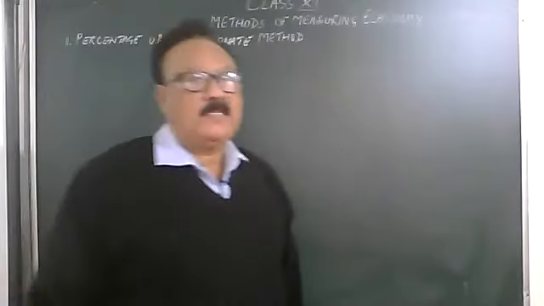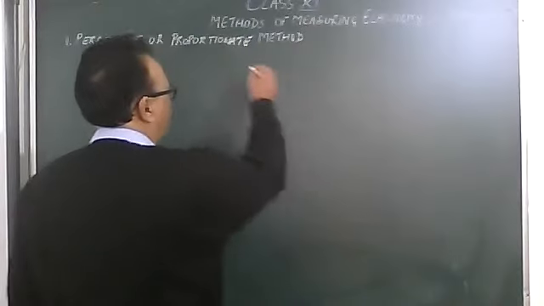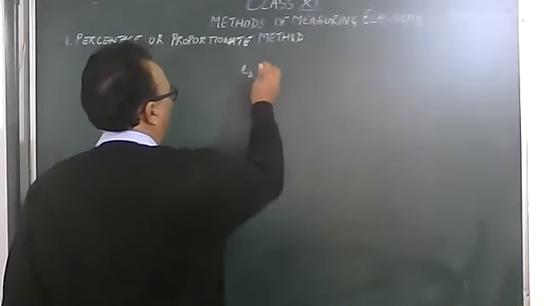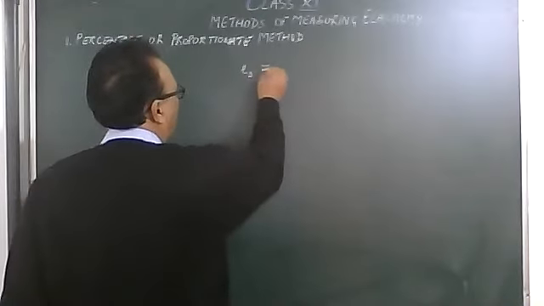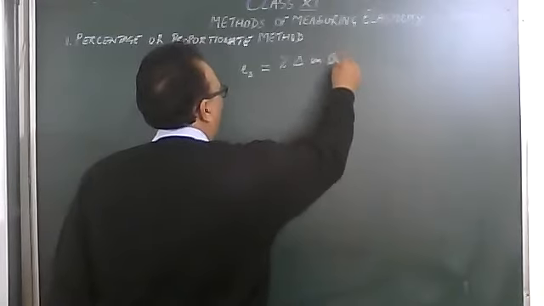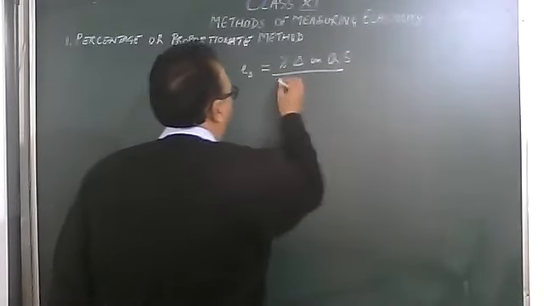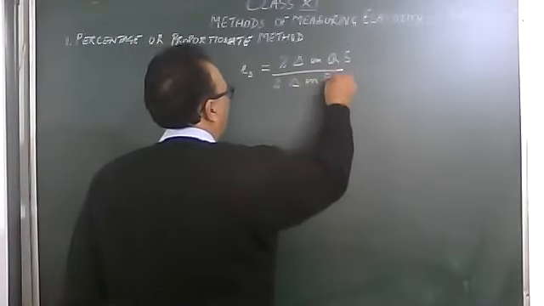Now, for the percentage method, we will use the formula, just like in elasticity of demand. Elasticity of supply will be written as E equals percentage change in quantity supplied upon percentage change in price.